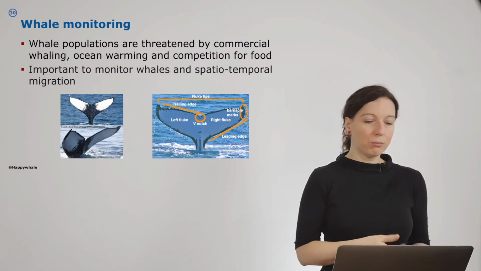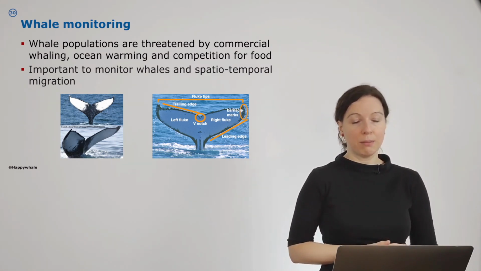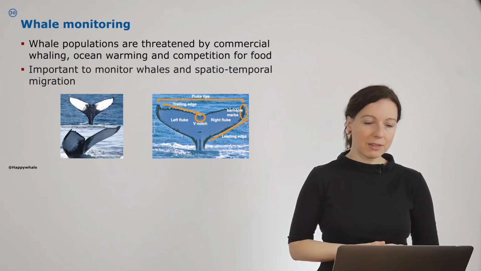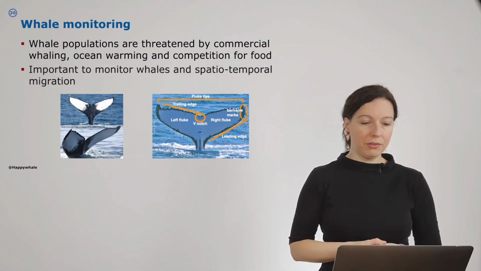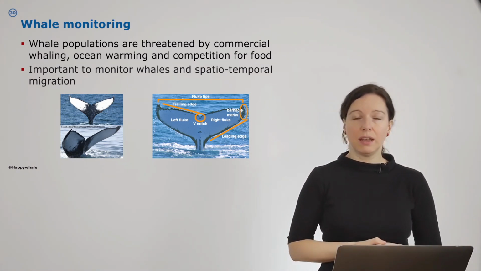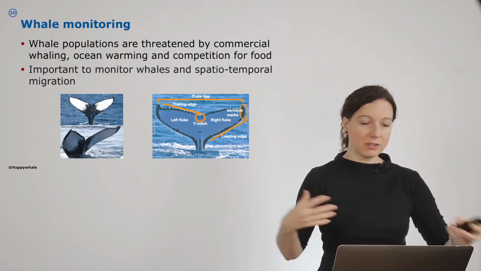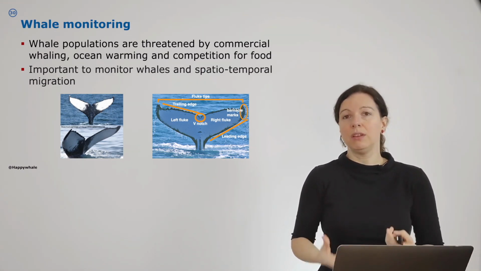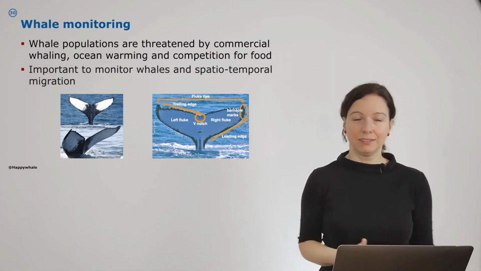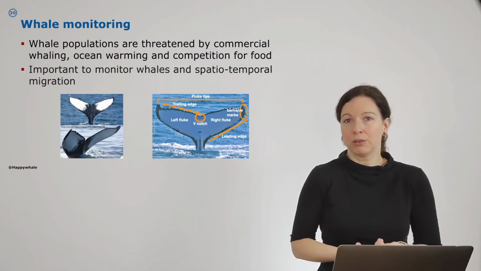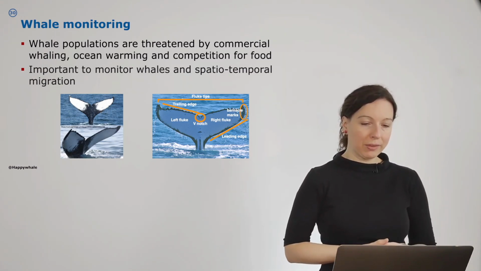So it's important to monitor whales in their spatial temporal migration. For example, if you see differences in their migration or something, or if there's something wrong, you can react. Otherwise, you might not even know.